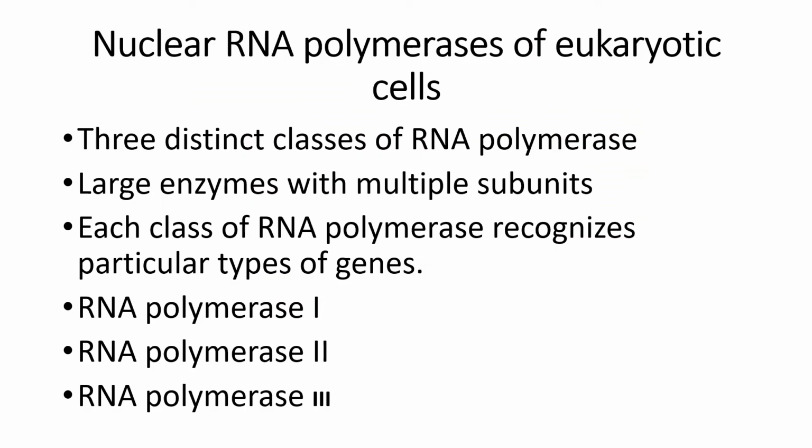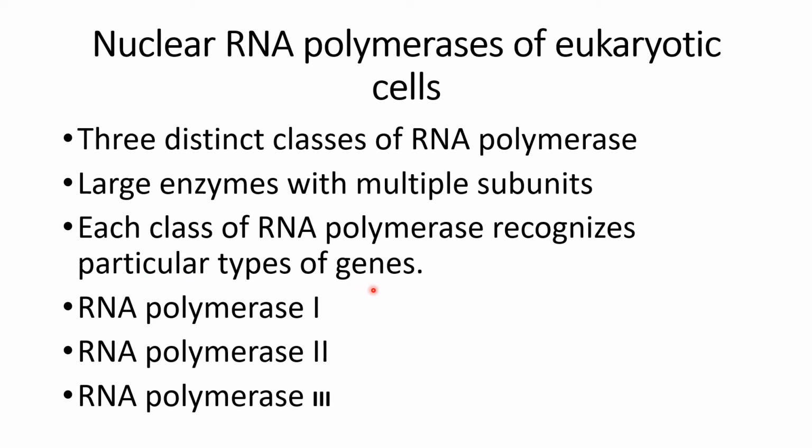Nuclear RNA polymerases: there are three different classes of nuclear RNA polymerases in eukaryotes. These three classes can synthesize all types of RNAs in eukaryotes. Basically, these are large, multi-subunit enzymes. Each type of RNA polymerase recognizes a particular type of gene.